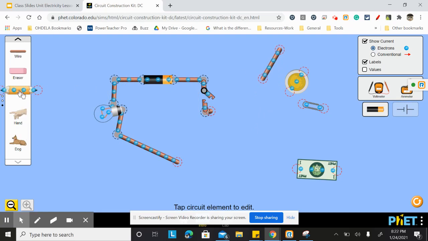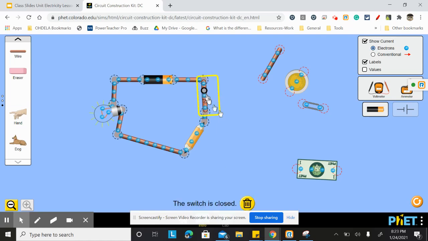Let's try the pencil. Let's see if the pencil conducts an electrical current or not. Is the pencil a conductor? If we close the switch, we see that the light bulb lights up. Not as much as before, but it's still lighting up, and the electrons are flowing.